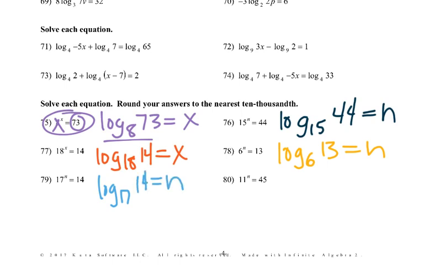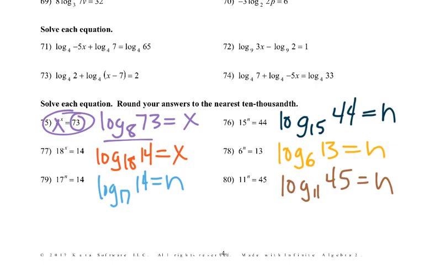And then finally, 80, log base 11 of 45 would equal n. So then I just type those into my calculator, and using that, I can get my answers. Okay? So that's what we will do.